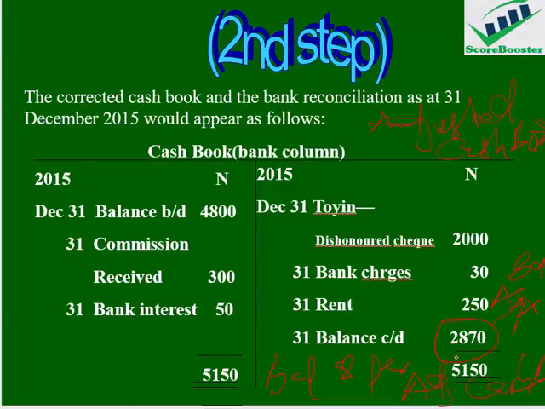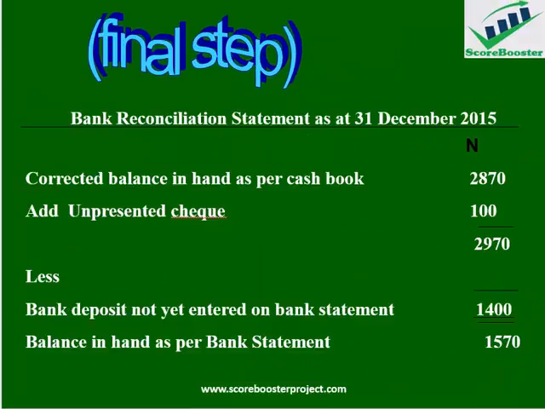So the next final stage, stage 3, is to now prepare the bank reconciliation statement. Let's look at it here. The first thing I will do is to take the balance as per adjusted cash book. Please, it is not the balance as per cash book, because I've adjusted my cash book, please take note of this.